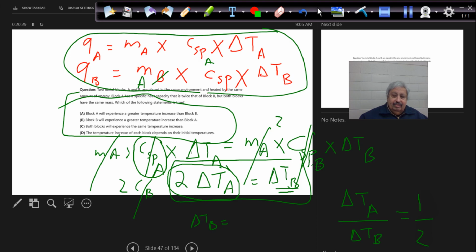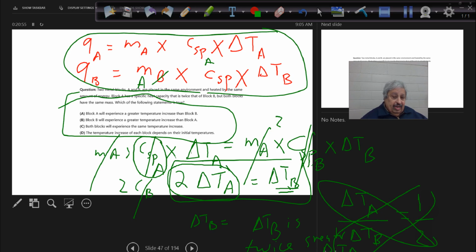The answer is correct. If you multiply this by this, it will be twice this. So delta T B is twice delta T A, inversely proportional, because of the 1-to-2 ratio. So B will have more than A. Make sense?